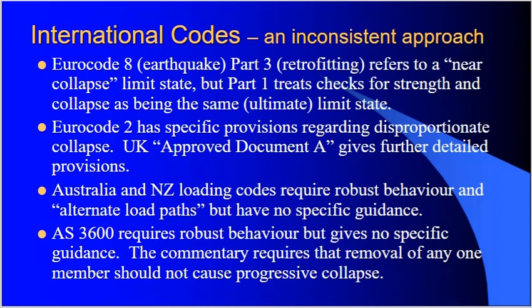In the Australian and New Zealand codes, the codes do talk in general terms about requiring robust behaviour and requiring alternate load paths, but they have no specific guidance. Also, AS 3600, the concrete building code, requires robust behaviour but gives no specific guidance.